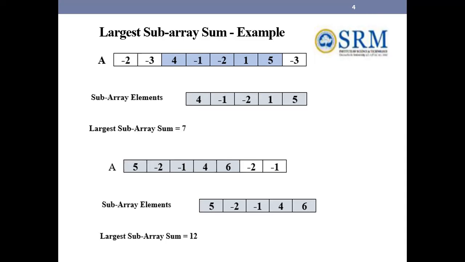If you take any subarray other than this from the given array, that gives only a lesser value, which is lesser than 12. The important condition is that all the elements in the subarray should be in contiguous order. So this is the problem.